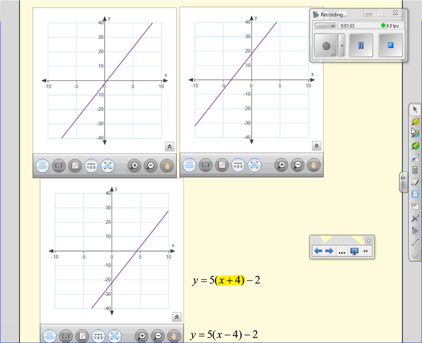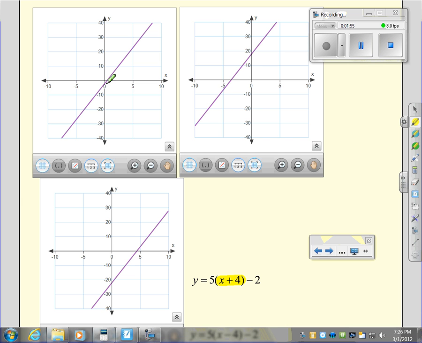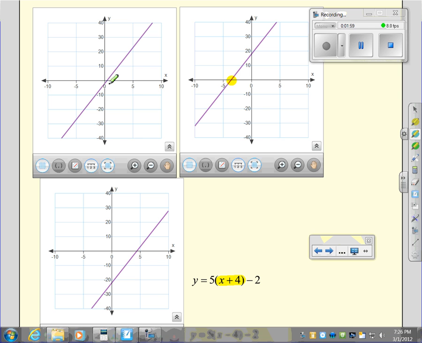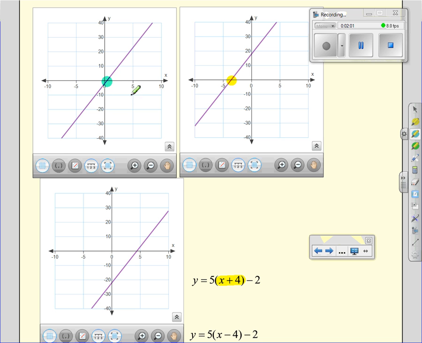Well, what has changed? If I look at this intercept right here compared to the original intercept right there, it has gone from being at, looks like, about 1 to being at minus 3. So it has been shifted 4 to the left, a horizontal shift.